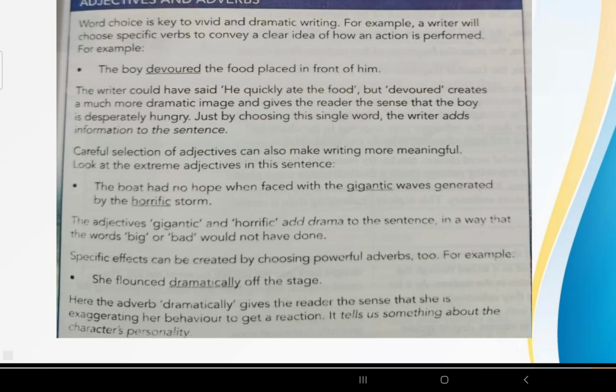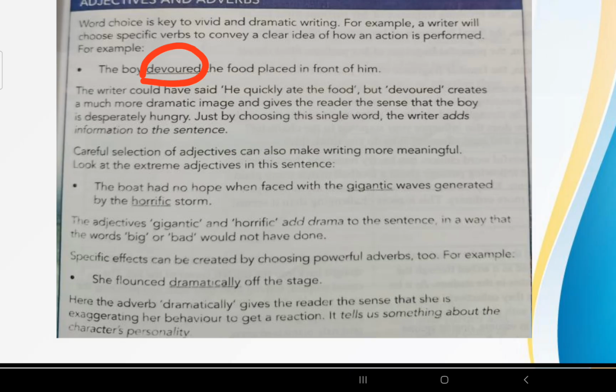Another one, the effect of the words. Here we have: the boy devoured the food placed in front of him. Now, this word "devoured" is telling a story. The writer could have said he quickly ate the food. But "devoured" creates a much more dramatic image and gives the reader the sense that the boy is desperately hungry.